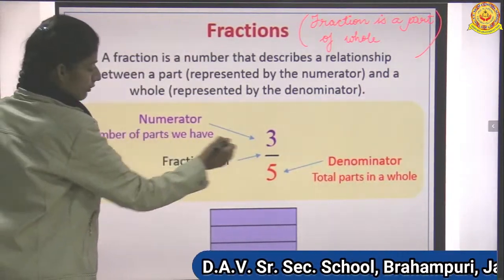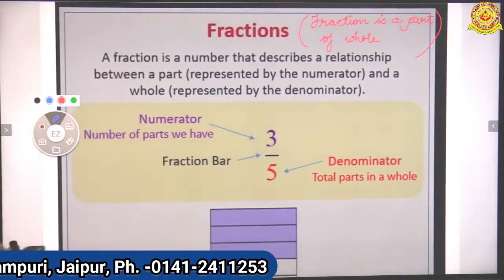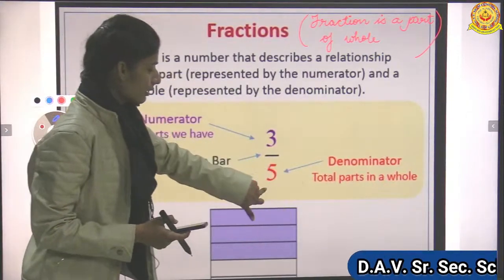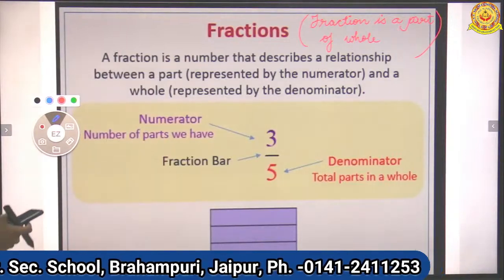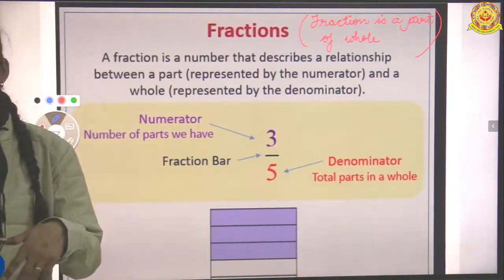For example, we have 3 upon 5 here. So 3 is the numerator and 5 is the denominator. This is the total parts in the whole and 3 is the number of parts we have, like 3 upon 5 means 3 out of 5. It is like the marks you score.